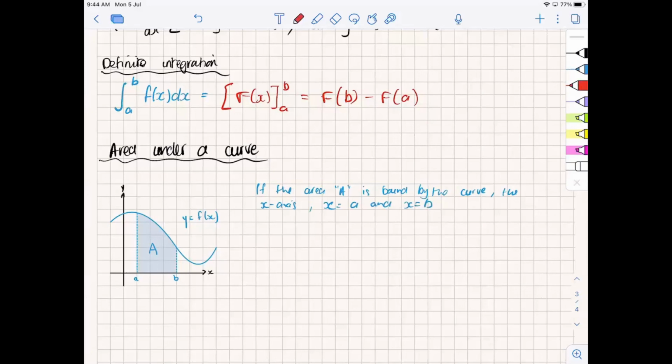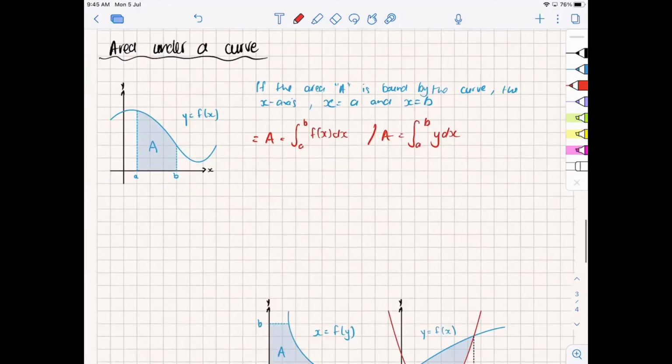If I want to find the area, it's the same as taking the integral from a to b of f of x with respect to x, right? Another way of looking at this is just taking the integral from a to b of y dx, right? Because f of x and y are exactly the same two things, okay? So that was the area under a curve with respect to the x-axis, okay?